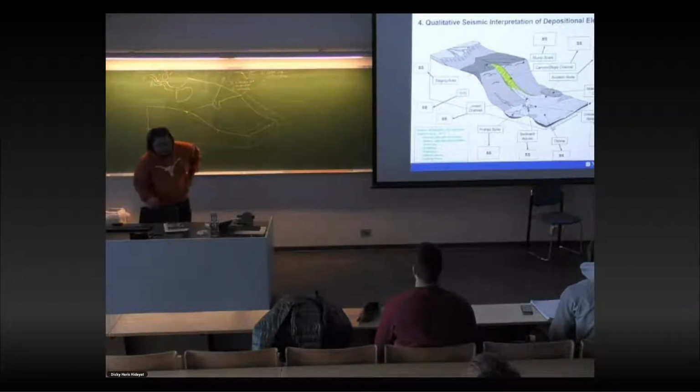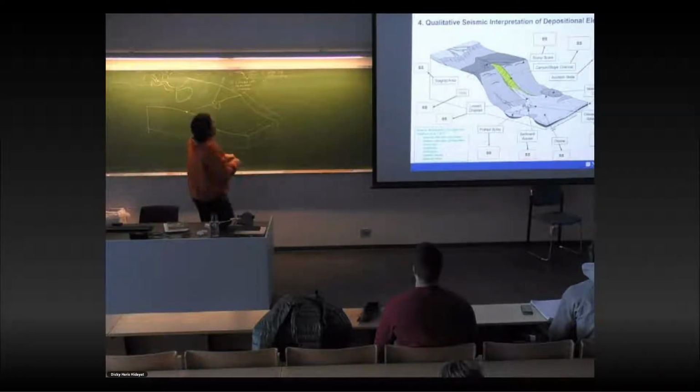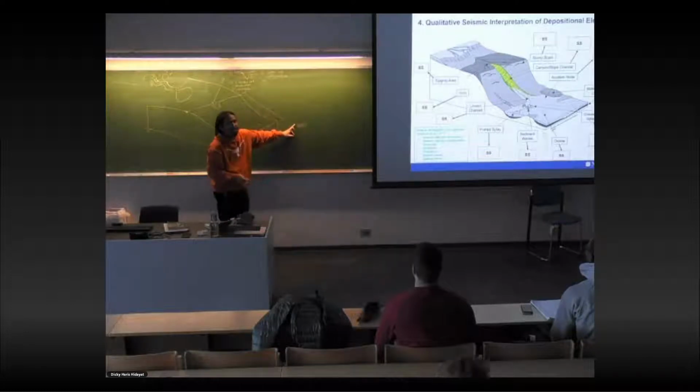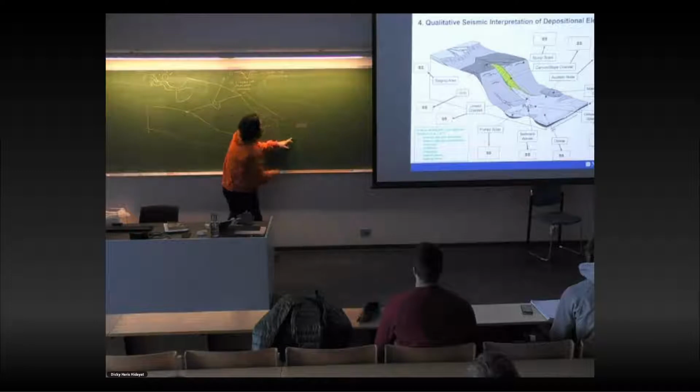I think in the Kama lecture, it mentioned that if you have a layer like this, it means it's a high frequency. If you have a layer like this, it means low frequency, isn't it? Yeah.